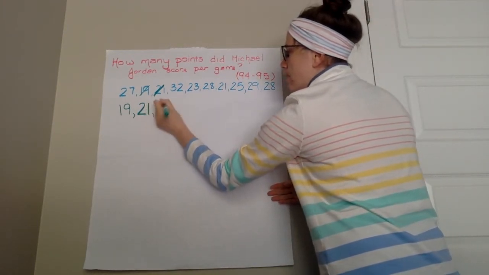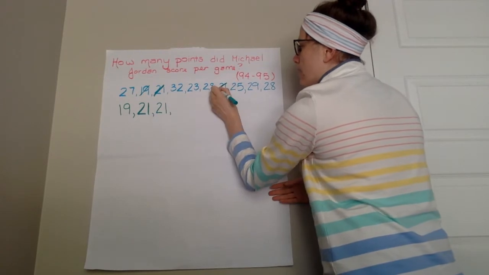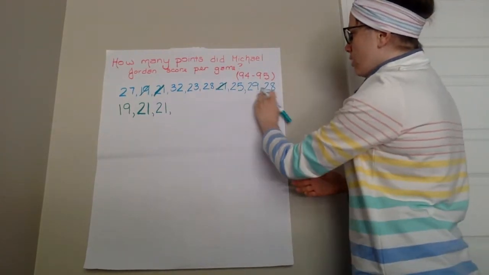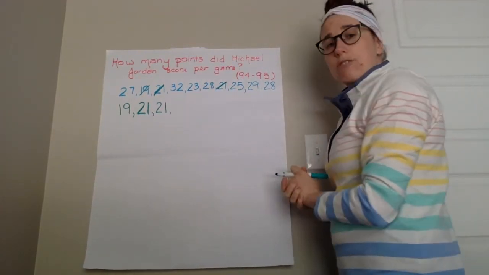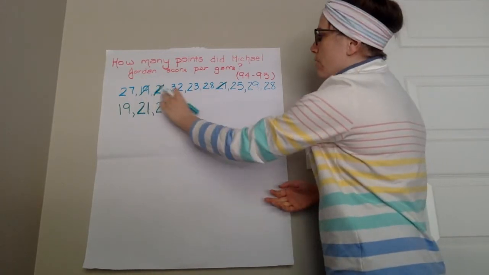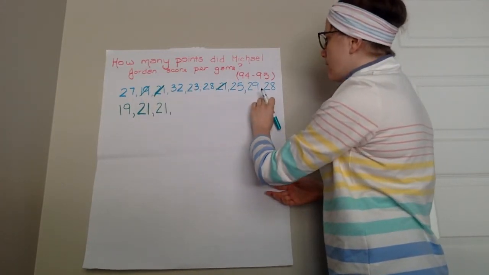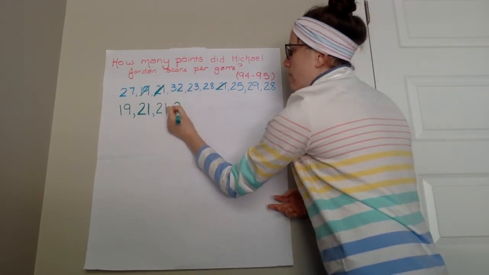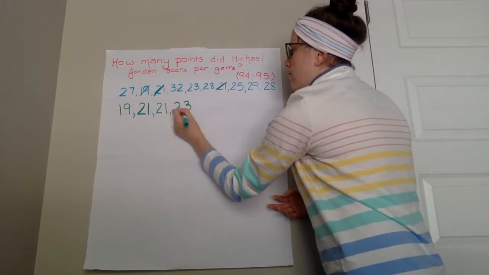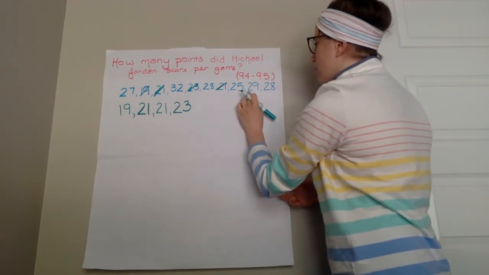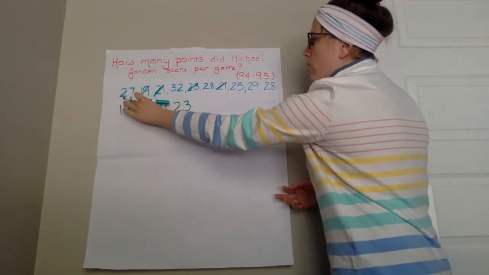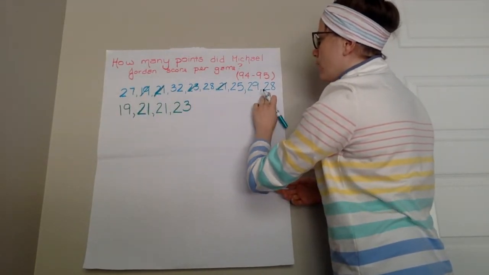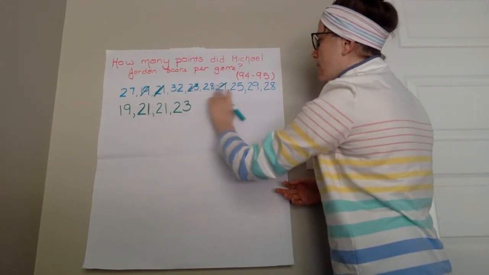So I'm going to list it here and then cross it off here. No more 21s. After 21 is the number 22. I take a look. I don't see any. 23. Oh, there's a 23. I'll cross that out. See if there's any more. Nope. 24. No. 25. Yep.